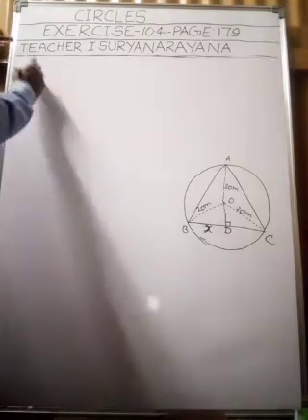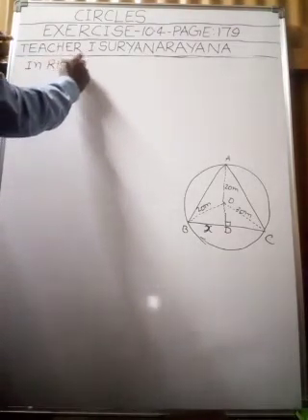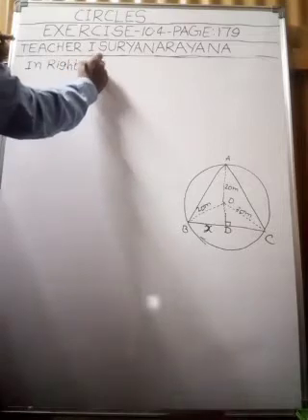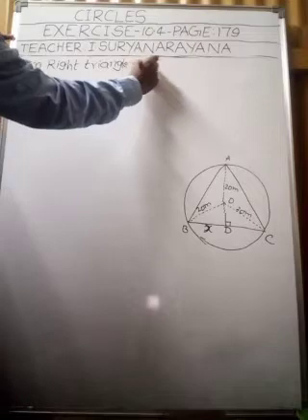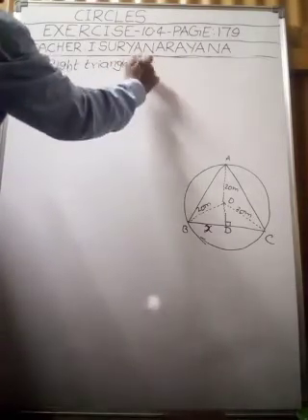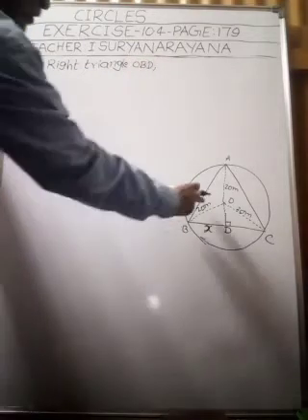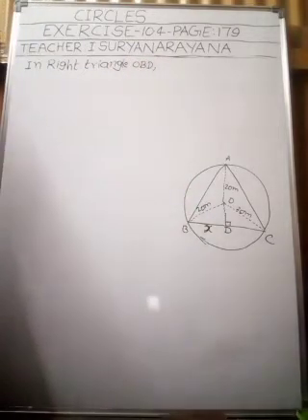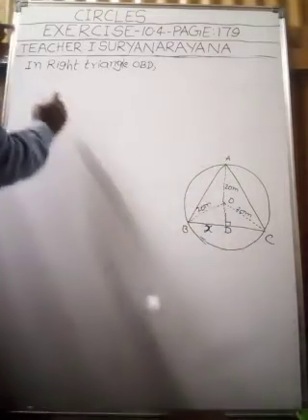So in right triangle OBD, let us apply the Pythagoras theorem. Okay, my children.